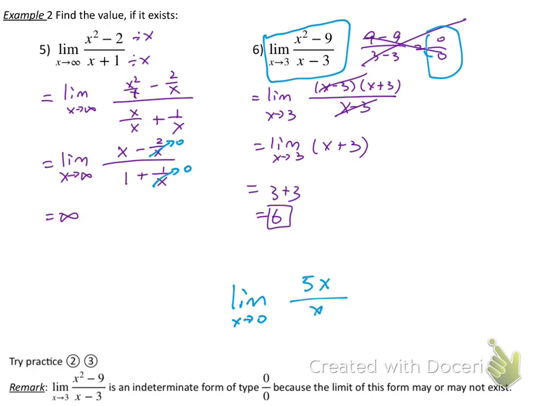When you plug in, it's 0 over 0, but actually that's a 5, right? So similarly, if I want any number, I just do that number times x over x.